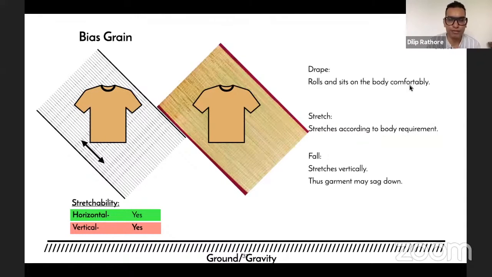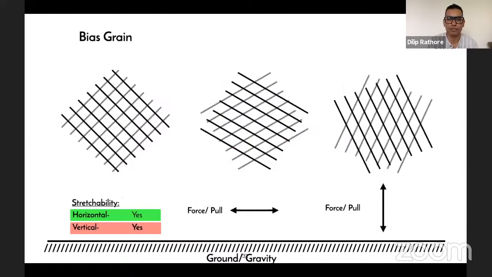About the fall, it stretches vertically also. Horizontal stretches well. When it stretches vertically, the garment may sag down, or it actually sags down if it is a big garment. That is why the bias grain has a limited use. So let's see where we use this bias grain and how it actually works.